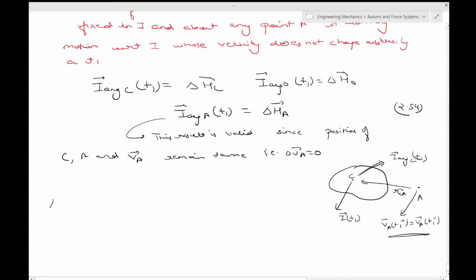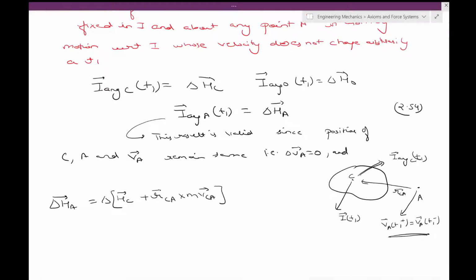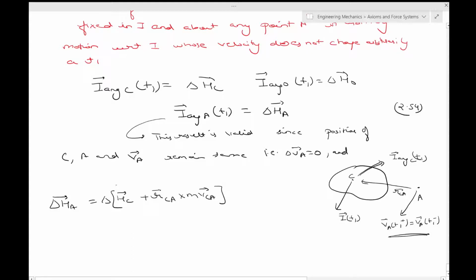So delta of H_A will now be delta of H_C plus R_CA cross M V_CA. Now recall where this has come up. Remember, there were some quantities which were written in terms of the center of mass. Please go back and check.